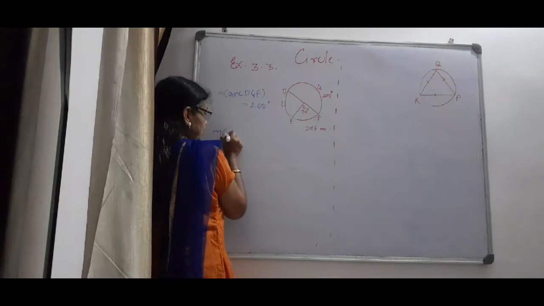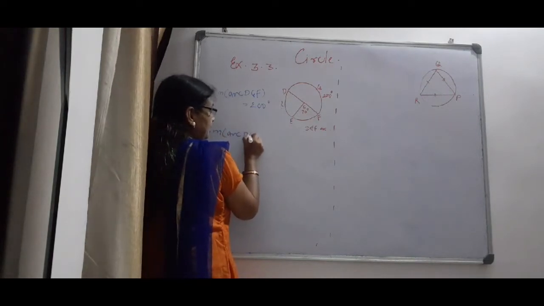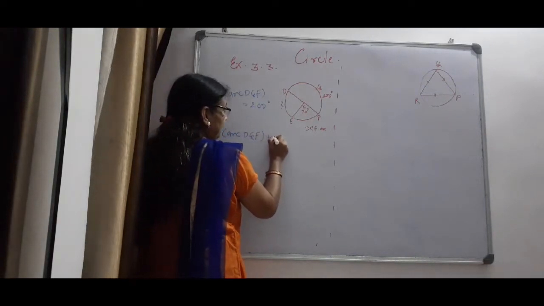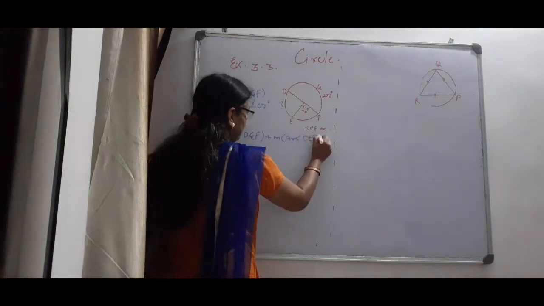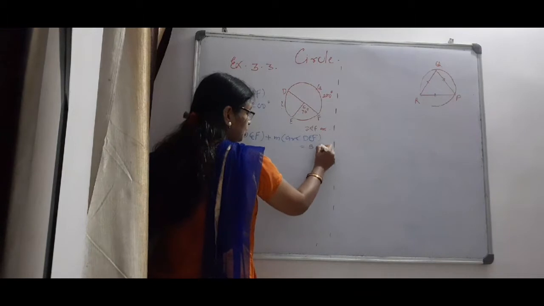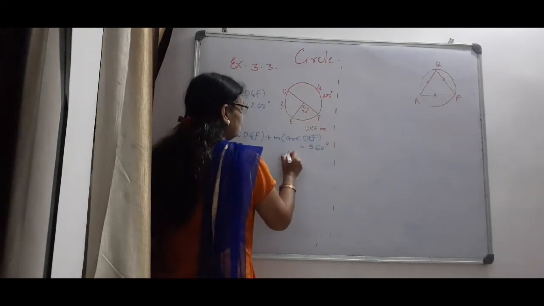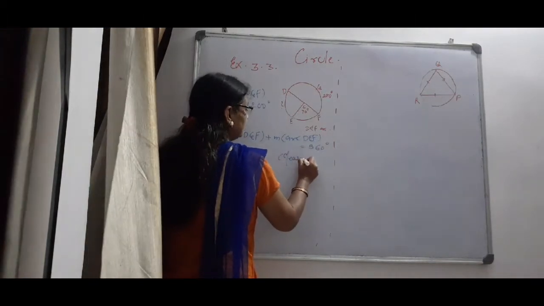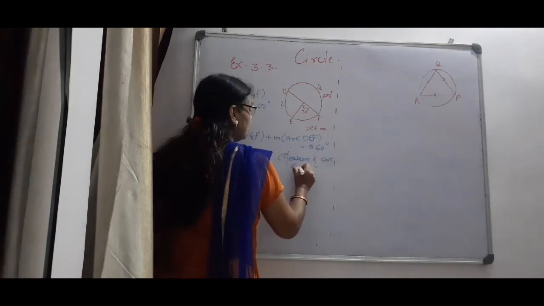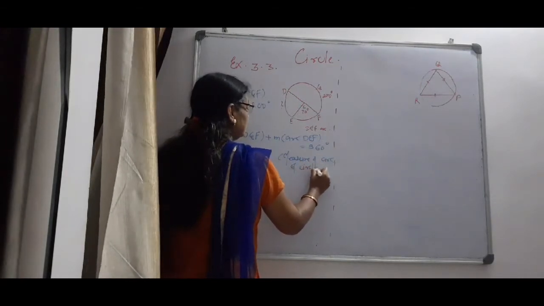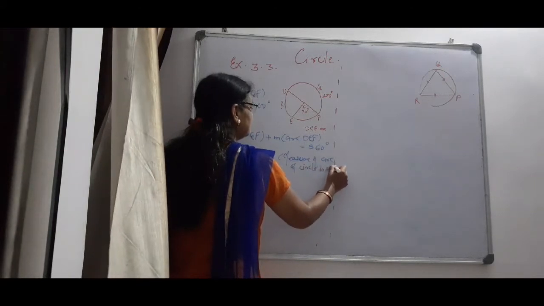So measure arc DGF plus measure arc DEF is equal to 360. What is the reason? Measure of arc of circle is 360.